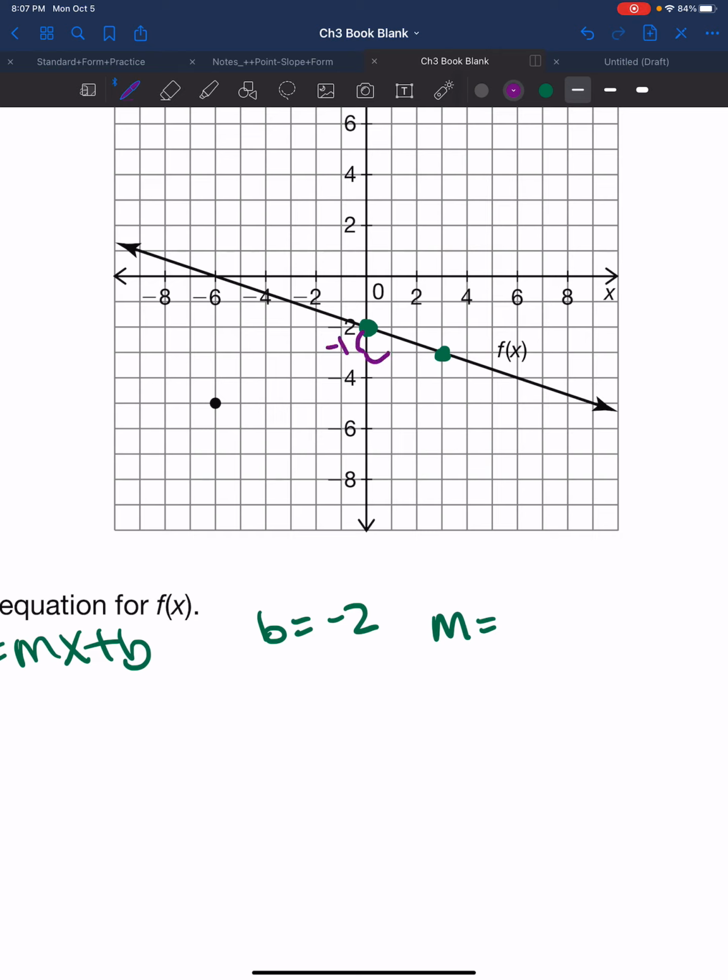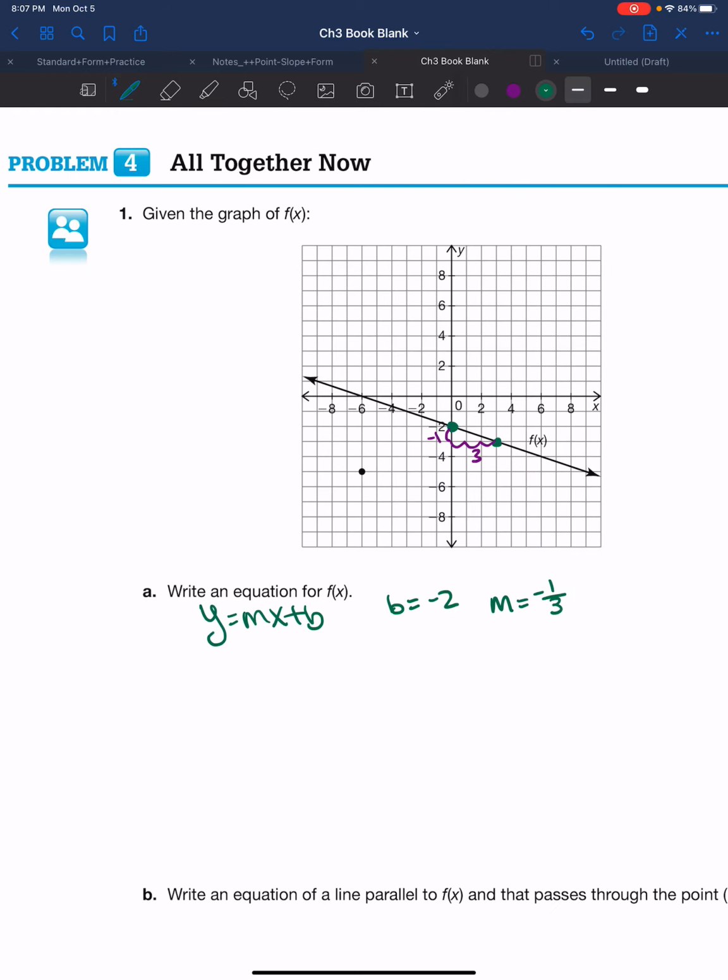And then I would have to go to the right 1, 2, 3. So my slope has a rise of -1 and a run of 3. All right, so now I just plug that into y equals, and our line is negative 1/3 x minus 2.